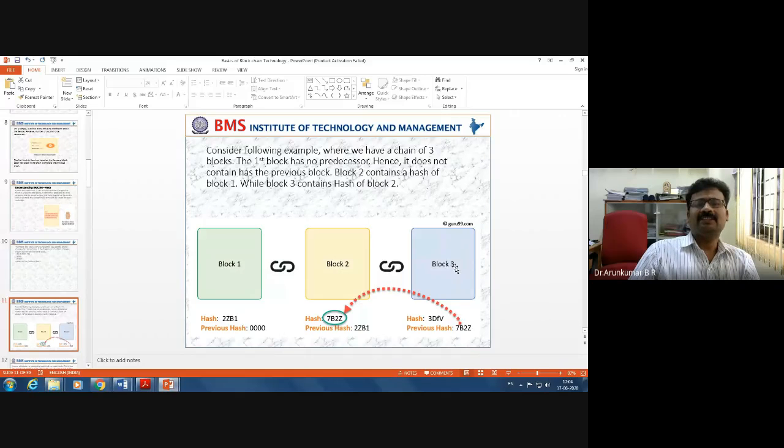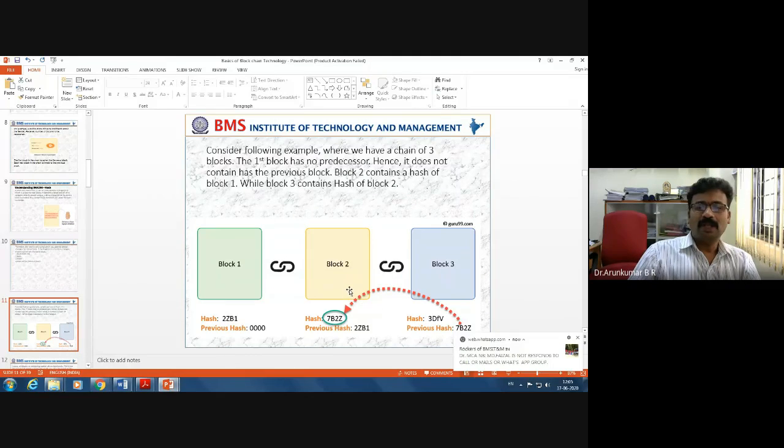Consider the example given here, where we have a chain of 3 blocks: block 1, block 2, block 3. The first block has no predecessor. This is the first block created, also called the genesis block. Hence, it does not contain a previous block hash. Block 2 contains the hash of block 1. You can see here, the hash of block 1 is 2ZB1.